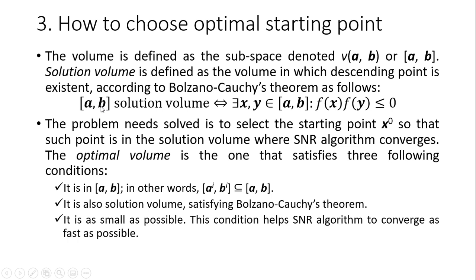The interval AB is a solution volume if there exist vectors S and Y belonging to the interval AB such that the product F(S)F(Y) is smaller than or equal to 0.